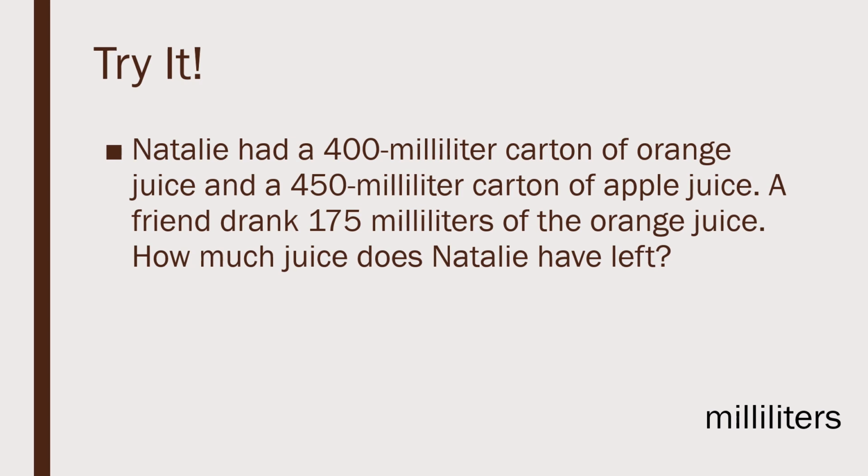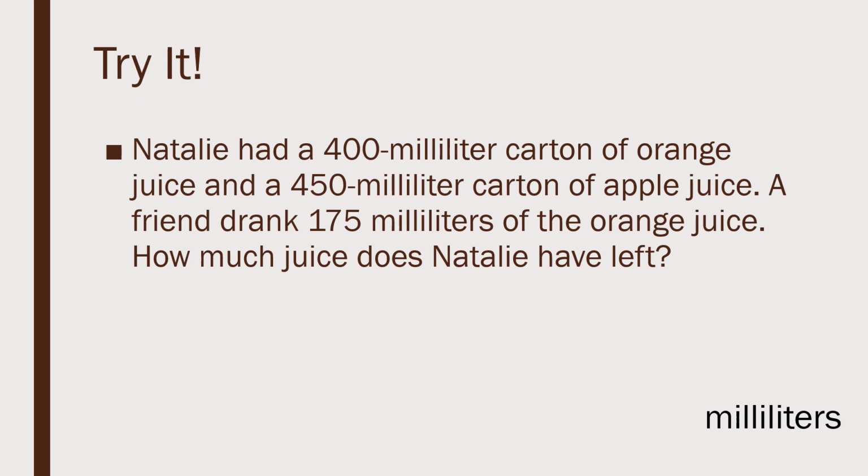Let's take a look at a real-world problem where we could apply some of our new learning. Natalie, shout out to Natalie, had a 400 milliliter carton of orange juice and a 450 milliliter carton of apple juice. A friend drank 175 milliliters of the orange juice. How much juice does Natalie have left?